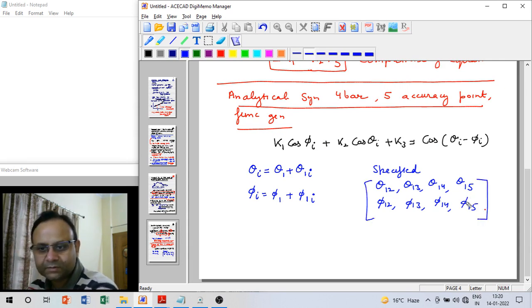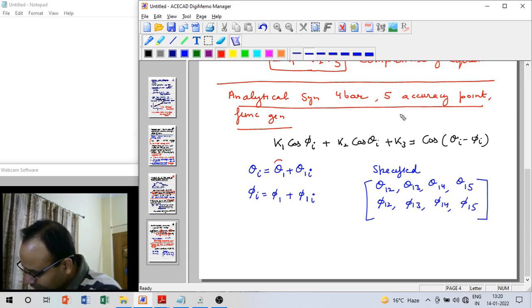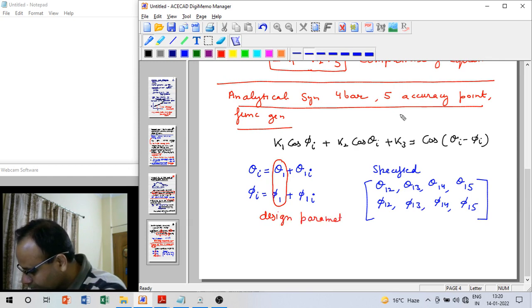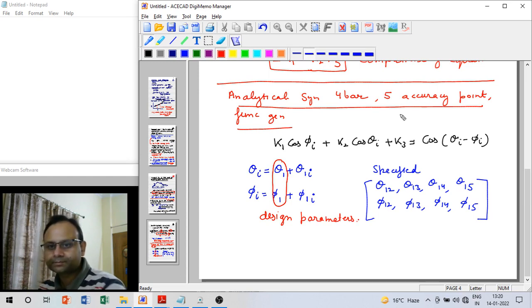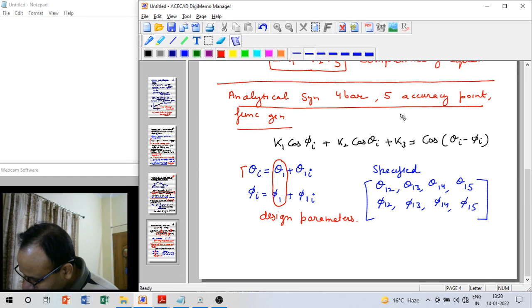So you have 5 accuracy points. This will be called 5 accuracy points. But now this theta 1 and phi 1 become your additional design parameters. So we can plug them in the Freudenstein equation.